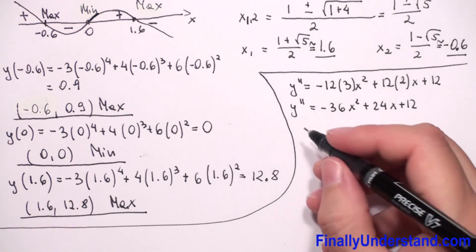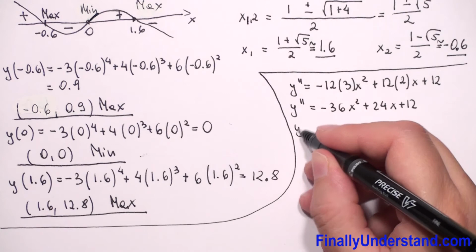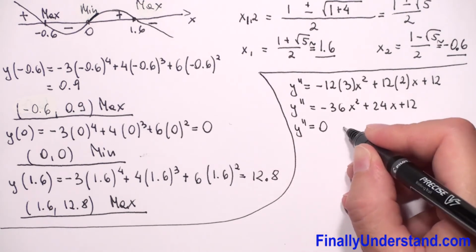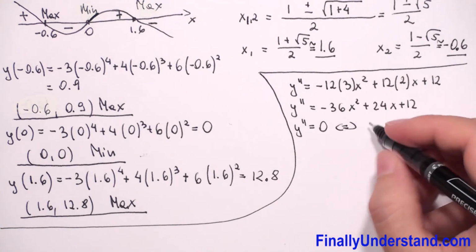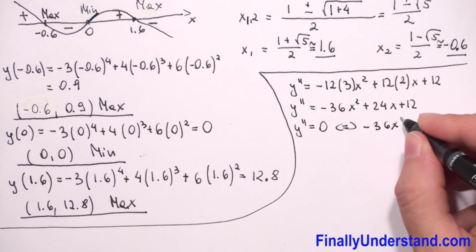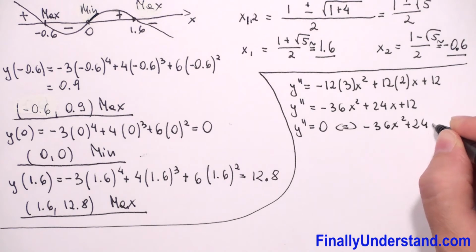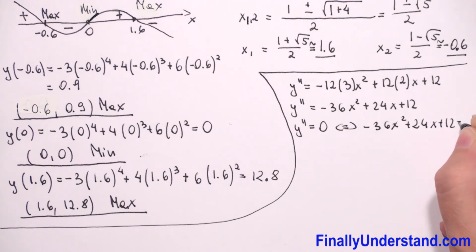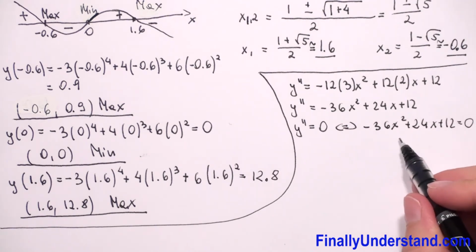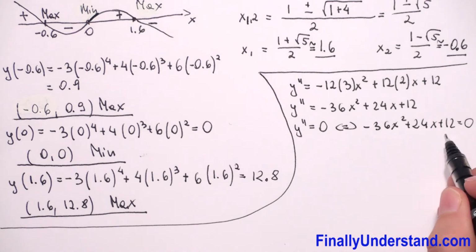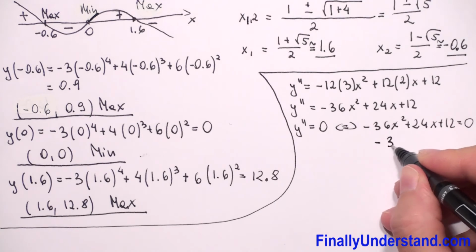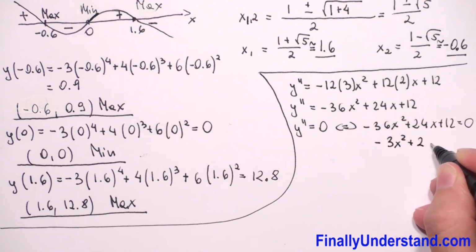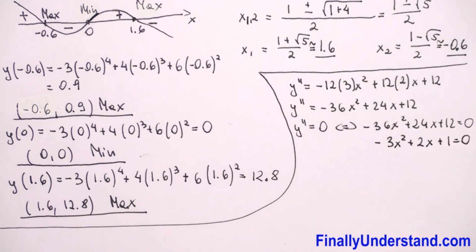Now we have to set our second derivative to 0. The second derivative is equal to 0 if and only if negative 36x squared plus 24x plus 12 is equal to 0. First, I will divide every expression by 12. So it will be negative 3x squared plus 2x plus 1 equals 0.